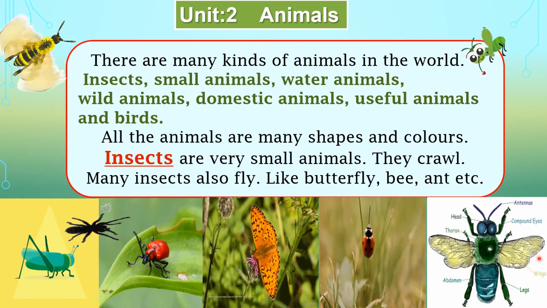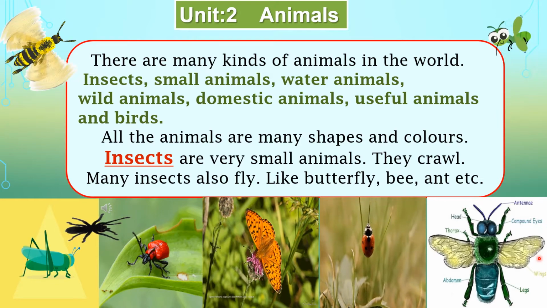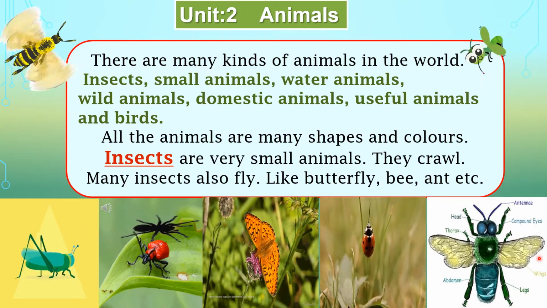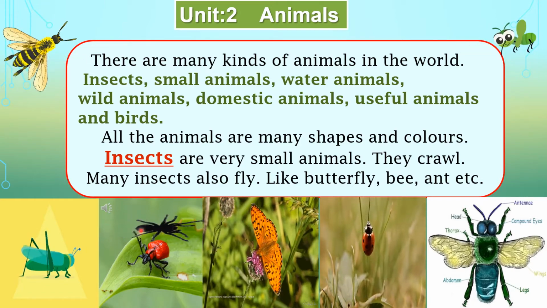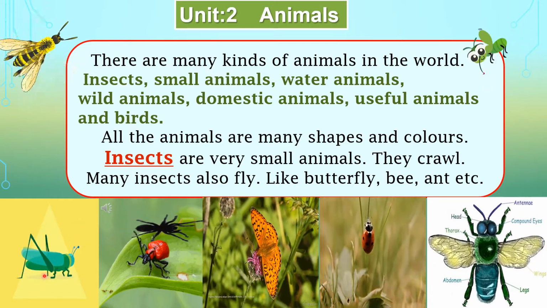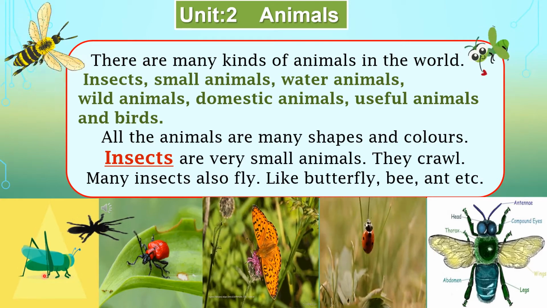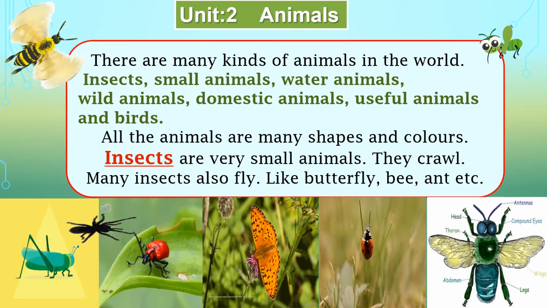Insects are the largest group in the animal kingdom, and they include ladybirds, cockroaches, mosquitoes, houseflies, butterflies, grasshoppers, and many more. I hope you have learned much about insects.